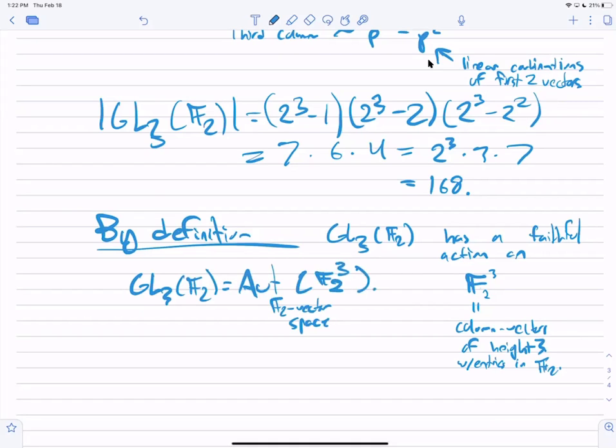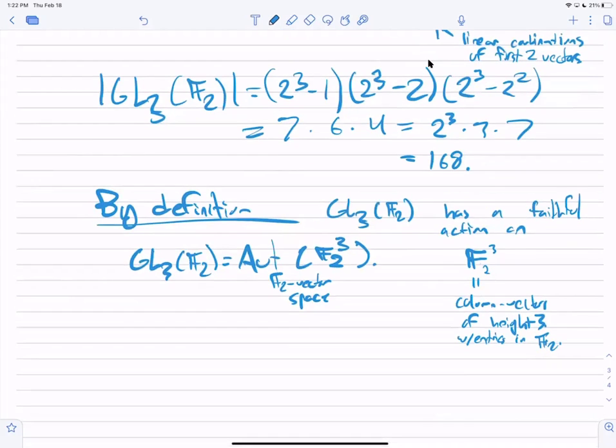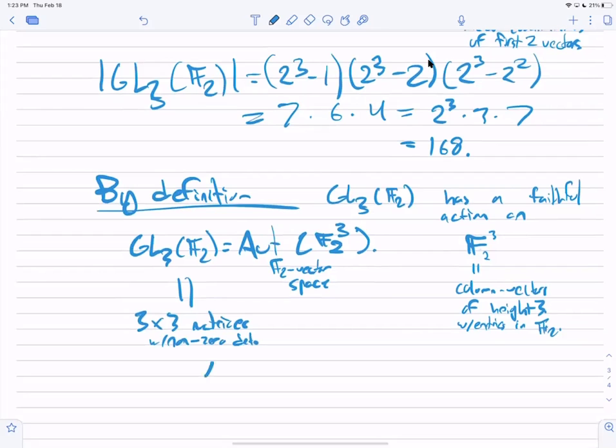If you think of these as matrices, these are 3 by 3 matrices with non-zero determinant. And the action of a matrix on a vector is just given by matrix multiplication.